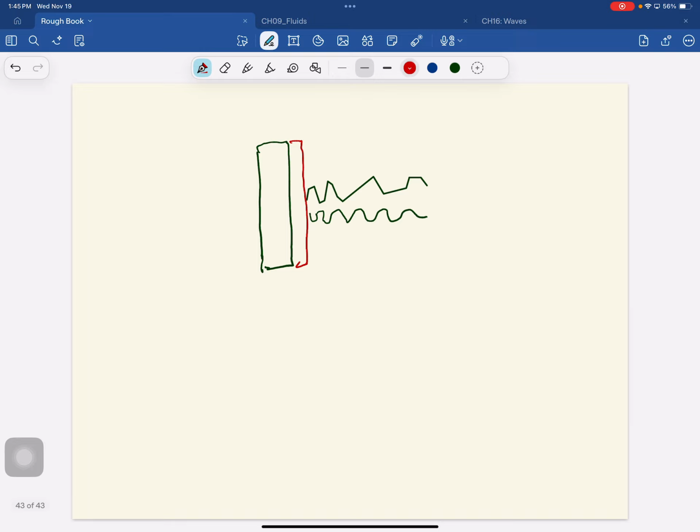Okay. There's another beam that goes through here and it reflects off this end. That is going from plastic to, okay, so it depends on the refractive index of this medium and this medium. If the refractive index of this medium is less than this medium, it would reflect just like that.